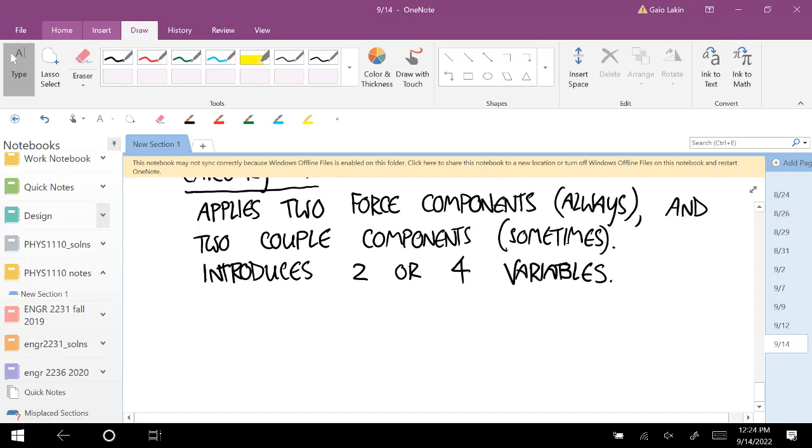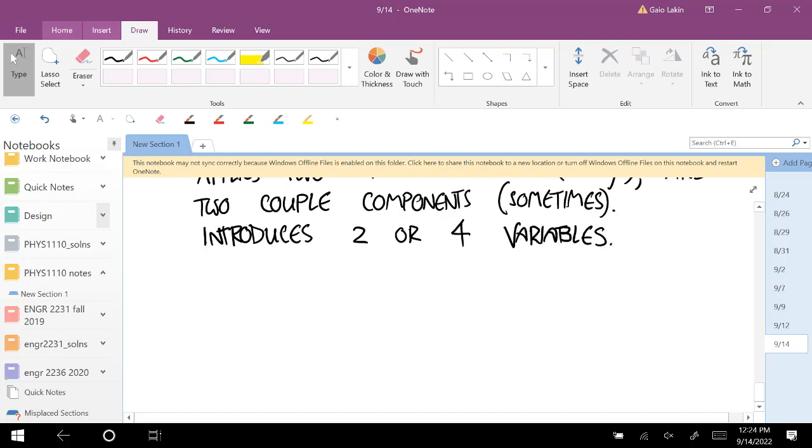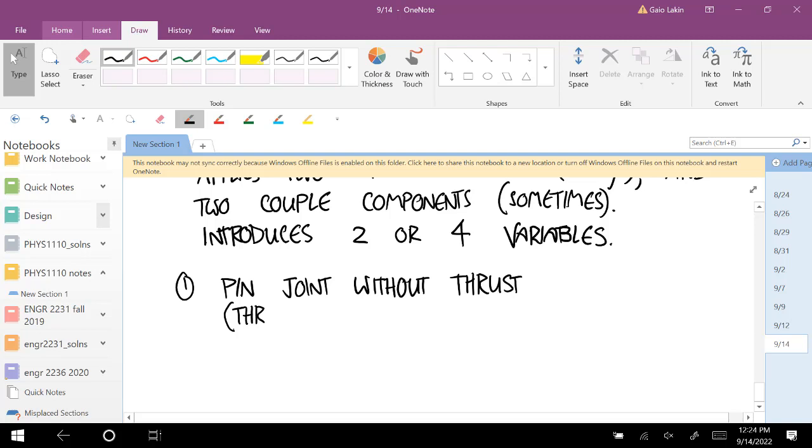Okay, and this is a pin joint without thrust. Thrust is a force along the axis of rotation.